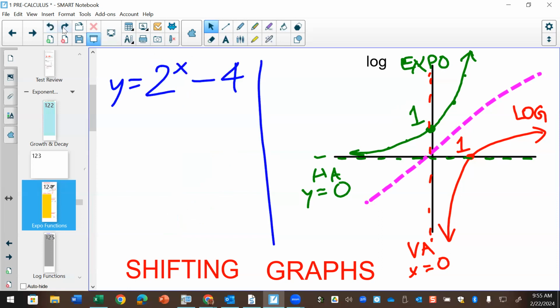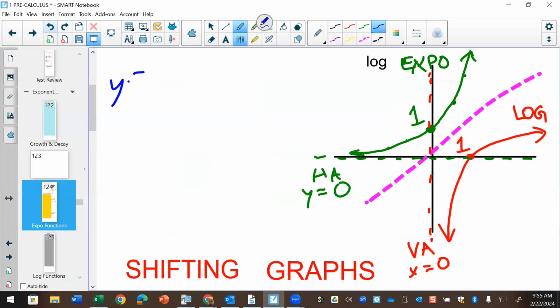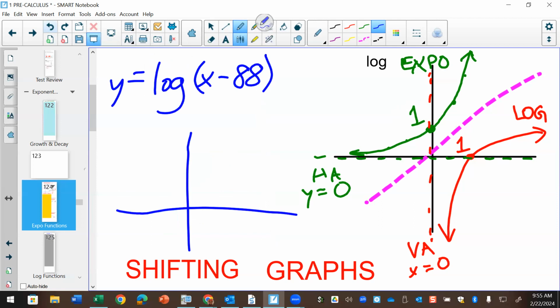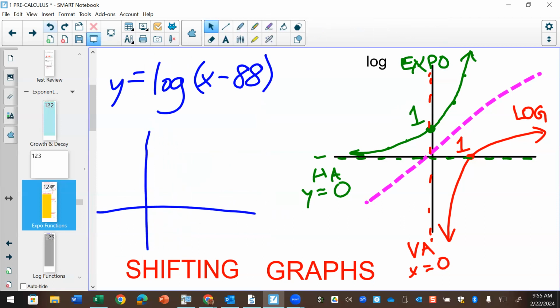Yeah, how about try this one? Okay, this one, which one is it?